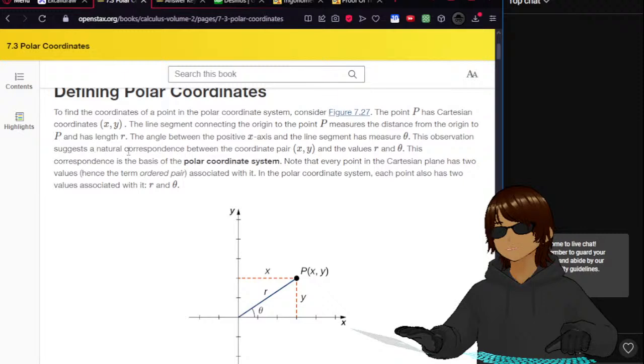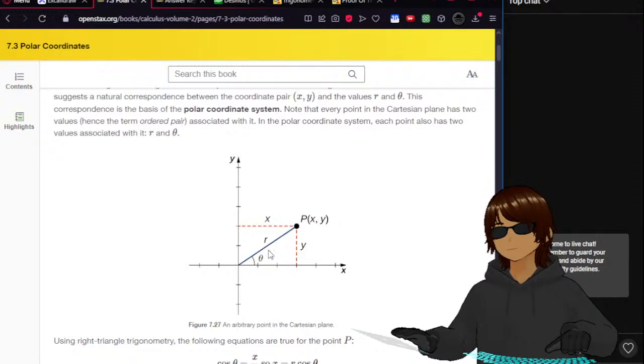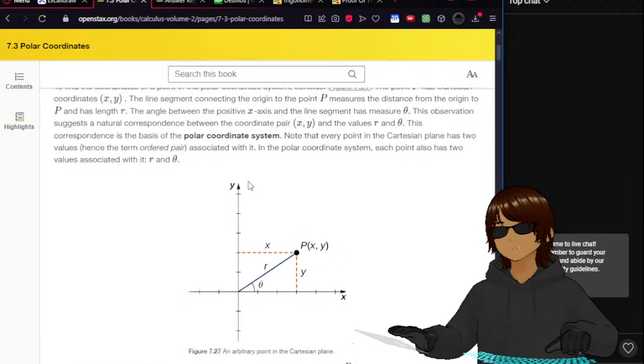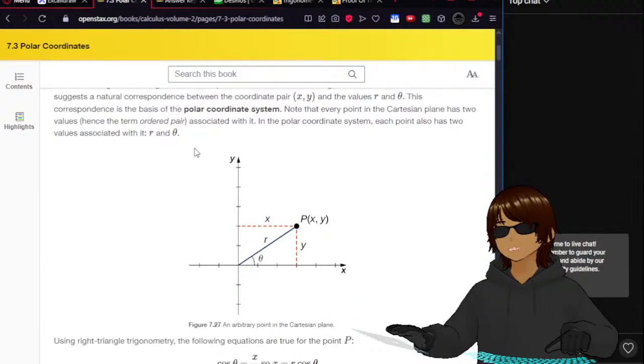This observation suggests a natural correspondence between a polar coordinate xy and the values r and theta. This correspondence is the basis of a polar coordinate system. I see, so instead of defining it by xy, defining it by theta and r is the length of the line. And then in a three-dimensional graph, there'll be a second r for the other axis.